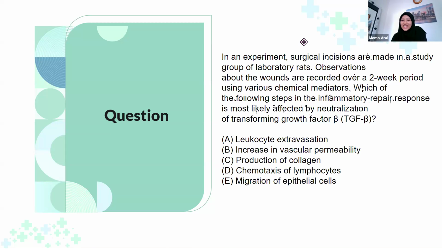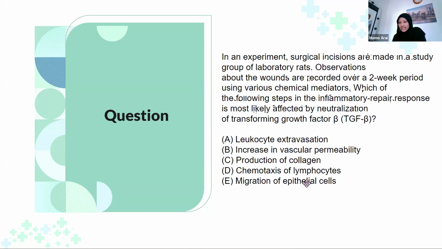Good job. So that's why transforming growth factor beta doesn't involve blood vessels, and we can cross that out. We can also cross out white blood cells. Chemotaxis of lymphocytes is kind of the same thing as A, because you're recruiting white blood cells, so you can cross that out too, not the main function.